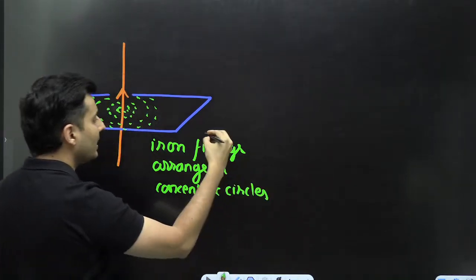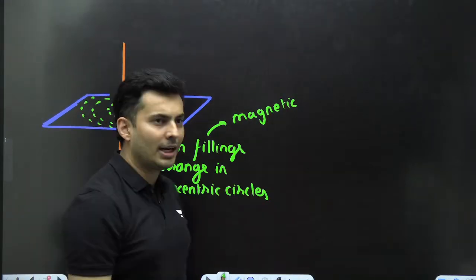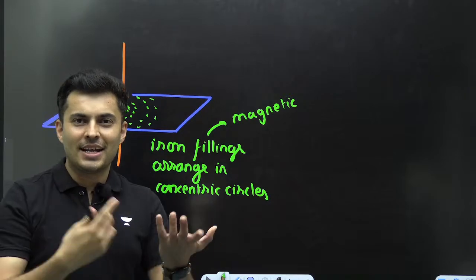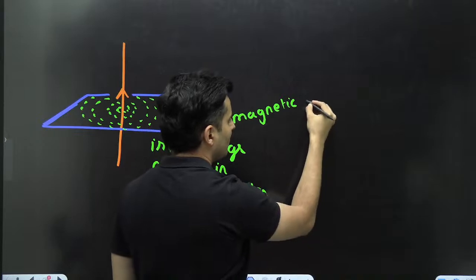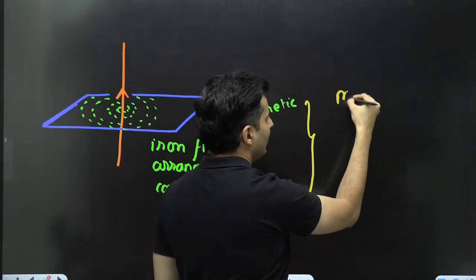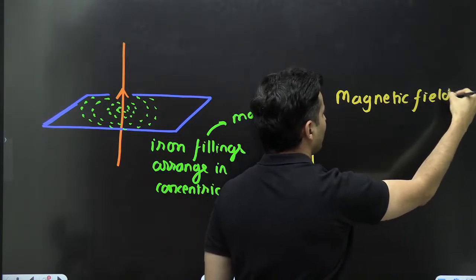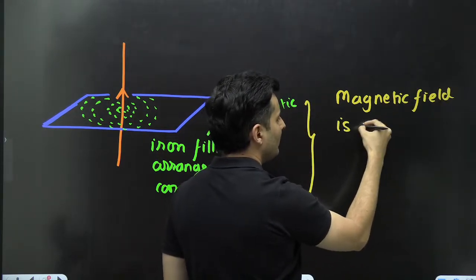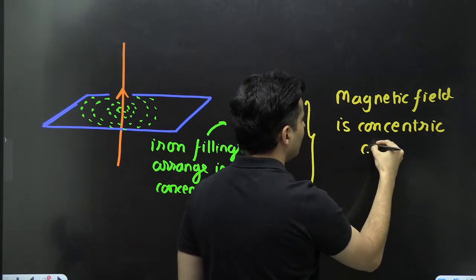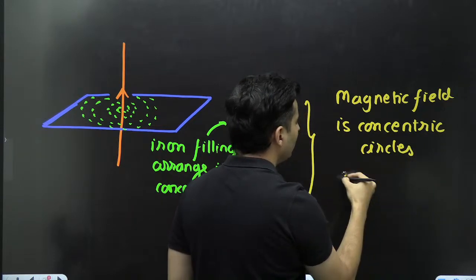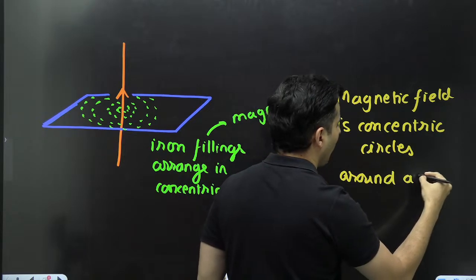Remember, iron filings are magnetic materials. They are magnetic in nature. They get affected by magnetic fields. So because they arrange themselves in circular form, it was logically concluded that the magnetic field around a straight wire is in the form of concentric circles.